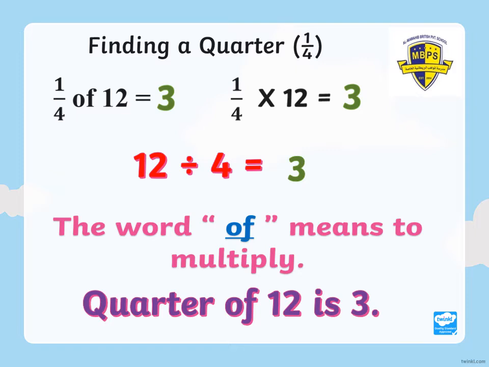Very good. We need to divide by 4. So when you divide 12 by 4, what answer will you get? In the tables of 4, 4 times which number will give you 12? Very good. 4 times 3 is equal to 12. So the quarter of 12 is 3. Excellent, children.